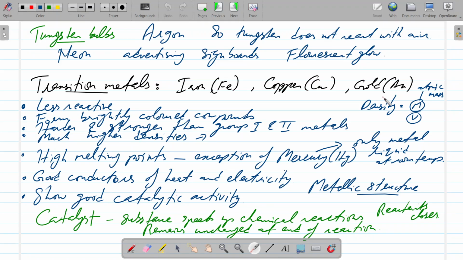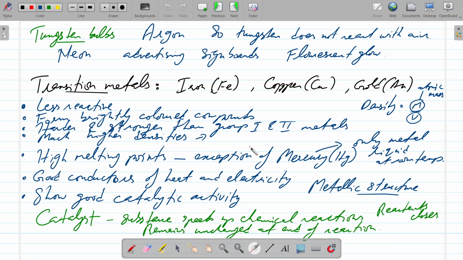The transition metals have varying ionization states or oxidation states. There's a reason for that, which is beyond the scope of the O level syllabus or the IGCSE syllabus. So they're in between those two groups, but they don't particularly belong to group one, group two, or group three.